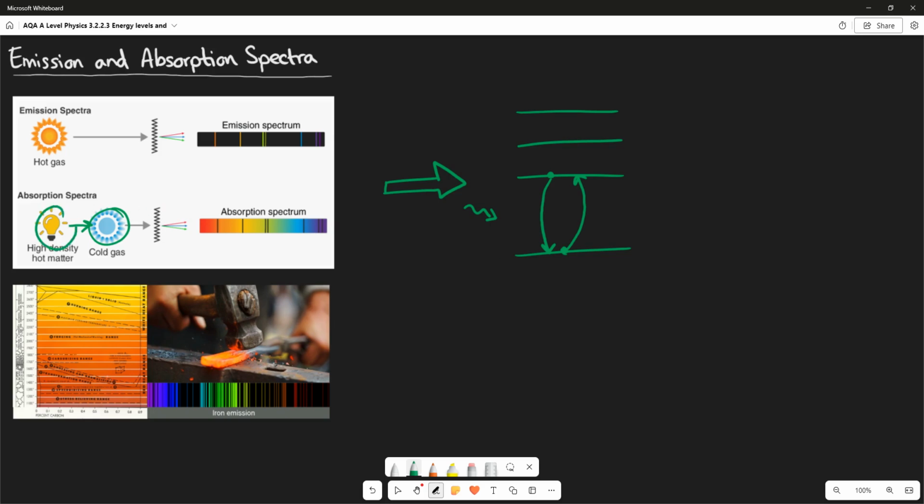So we have this light coming towards the cold gas. Any unabsorbed photons carry on straight through. The ones that are absorbed are then given back out in every direction. So any that do continue in the same direction as the original light source are going to be much, much, much weaker, especially over the large distances that we're talking about.